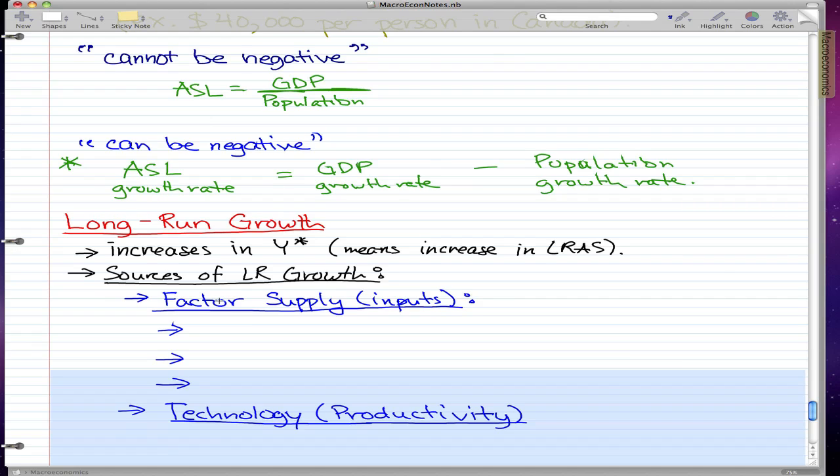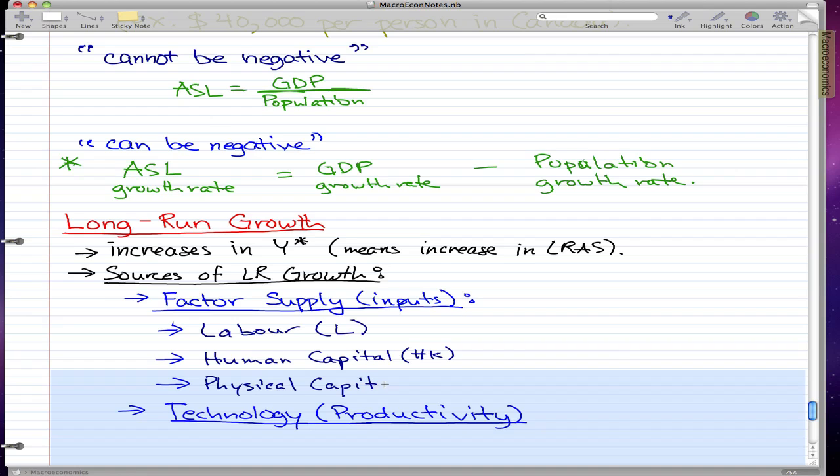And sources of long run growth is factor supply and technology mainly, but some specific factors of factor supply are labor, which we'll define as L, and human capital, which we'll define as HK, and physical capital, which we'll define as PK.